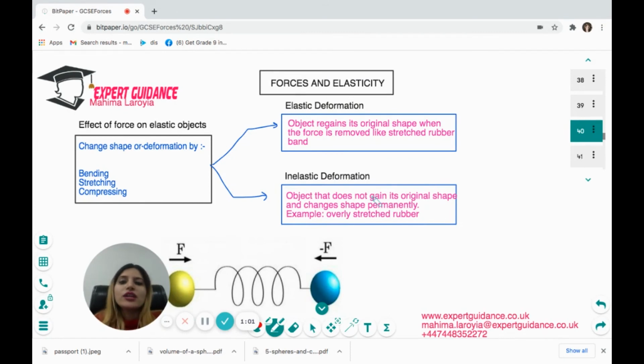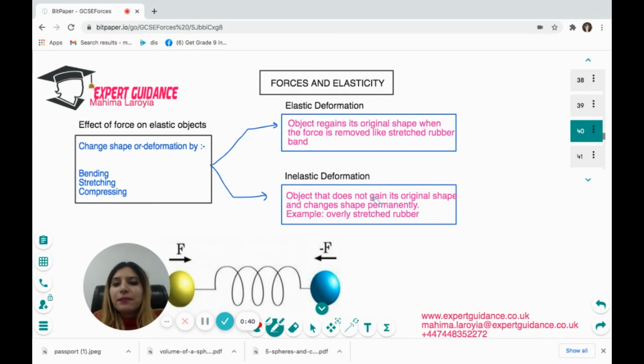Now let us move on to the relationship between forces and elasticity. We know when we apply a force to any object, it can either move or come to rest. But there's a third thing a force can do: it can change the shape of the object. So it can cause bending, stretching, and compressing of an object.